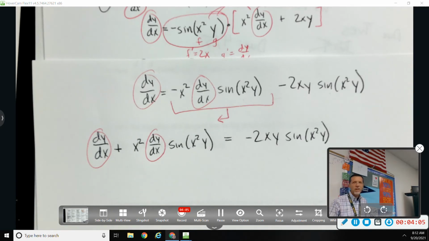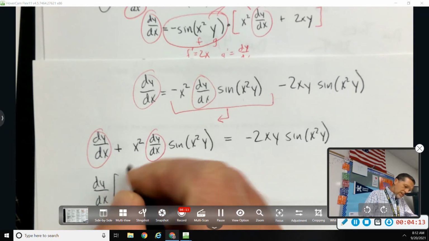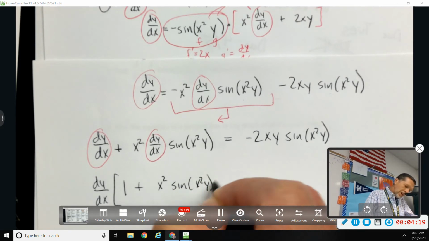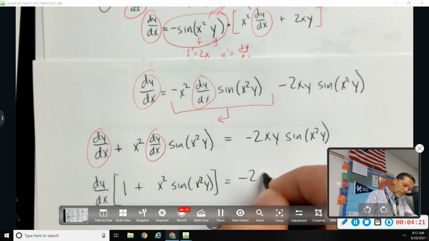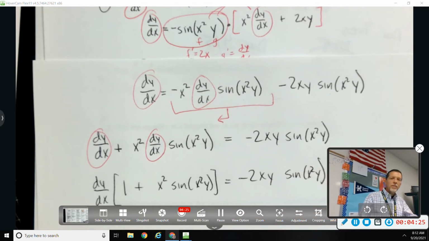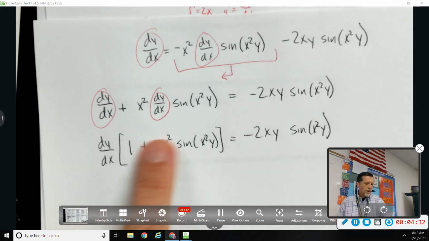We're almost there. What should I do? Factor out the dy/dx. And that leaves 1 plus x squared sine of x squared y equals negative 2xy sine of x squared y. And then divide by all of that stuff.